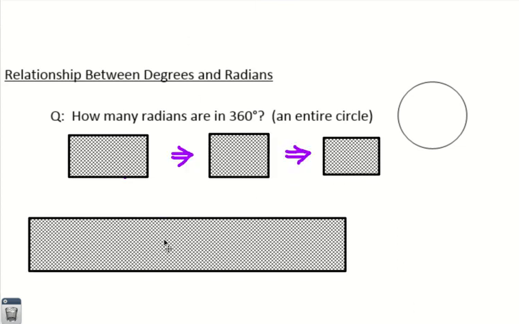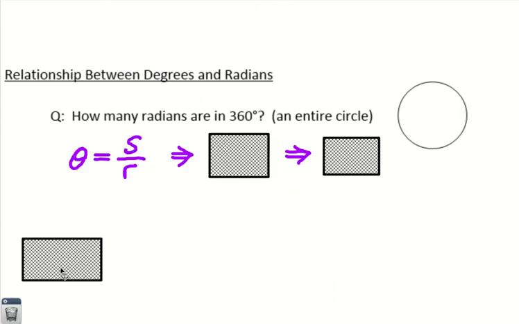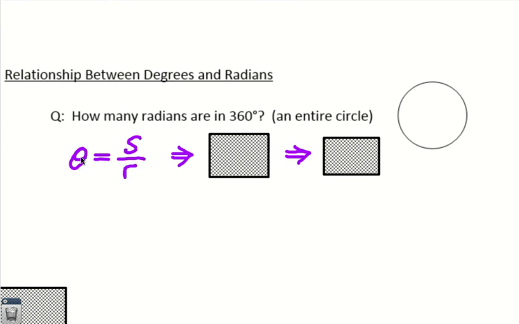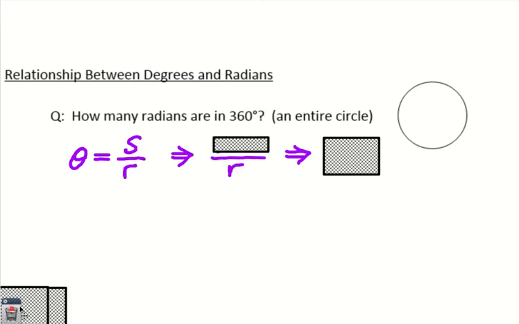Well, all you really know to go off of here is that the angle in radians will be equal to an arc length divided by the radius. For 360 degrees, what would be the arc length? It would actually be the entire circumference.